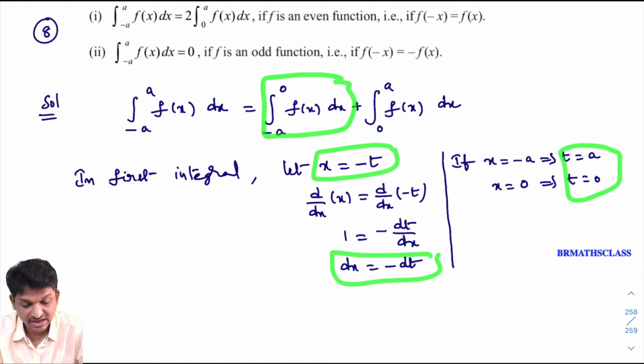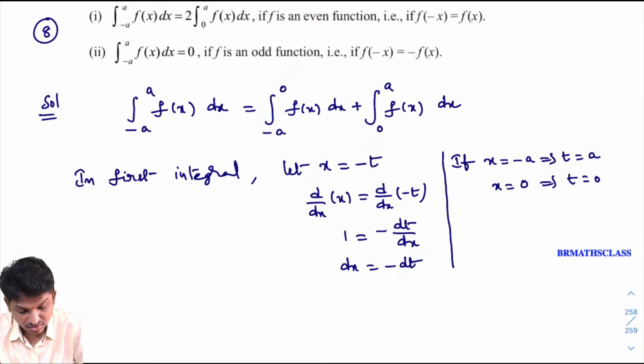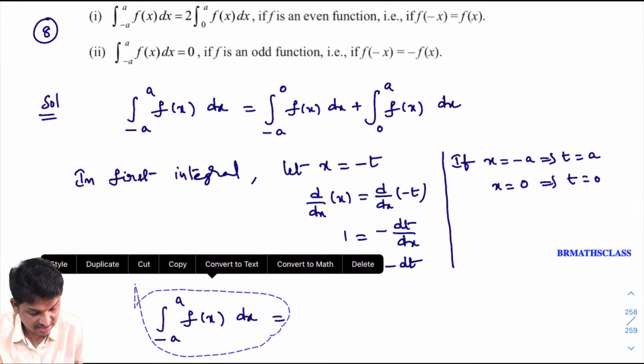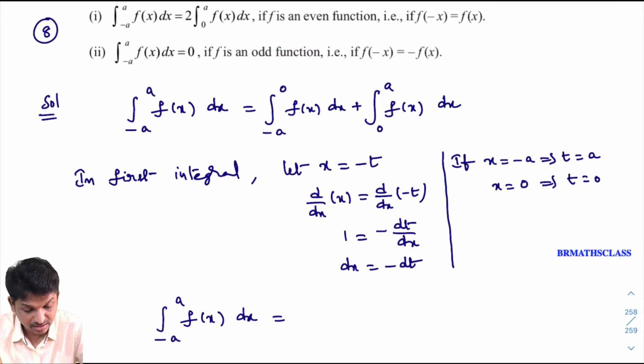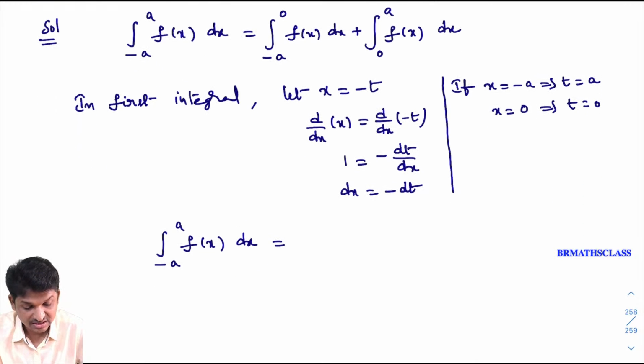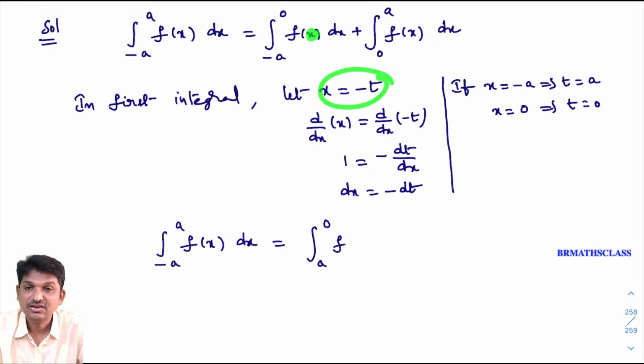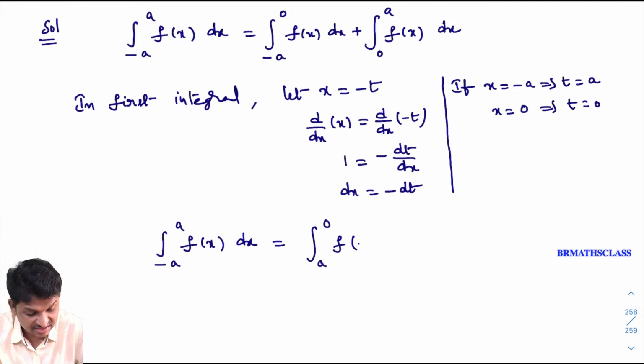Okay, so here, this first part I'll take first. Copy, paste. Equal to. Now, what changes do we need to make in the first integral? Here, minus a to 0 is there. Here, what did I get? I got a to 0, right? Integral of a to 0 f of x, and we took x equal to minus t, so in place of x, you write minus t. f of minus t.